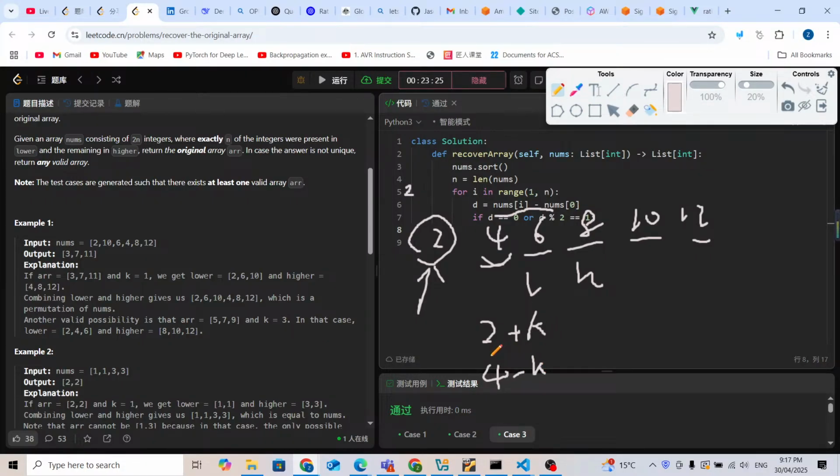Now, what is the difference? This number minus this number, 4 minus 2, is going to be 2 minus 2 times k. This is a 2 and this is a 2, so the final result is going to be even. It can never be odd, but it can be 0, because if k equals 1, it's going to be 0. So this d can be 0, or this d can be even numbers.